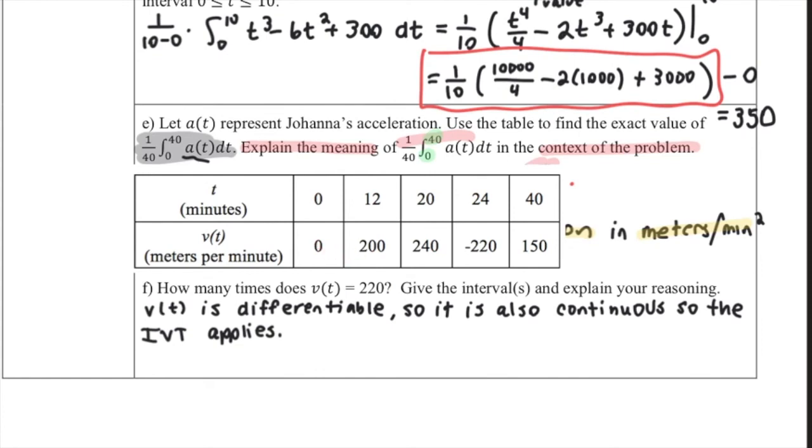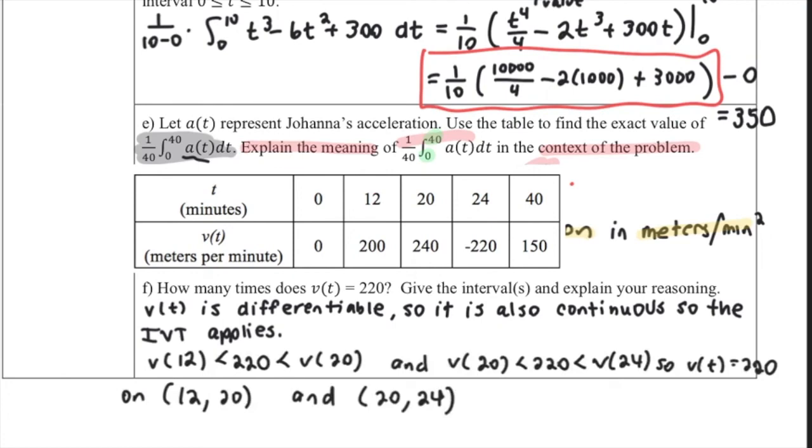However, when I move from 200 to 240, because 220 is in between those numbers, I know that I have to hit a 220 on that time interval from 12 to 20, so that's 1. And again, when I move from a velocity of 240 to a negative 220, once again, I have to bypass that 220. So that's 2 times that I'm going to hit a velocity of 220.